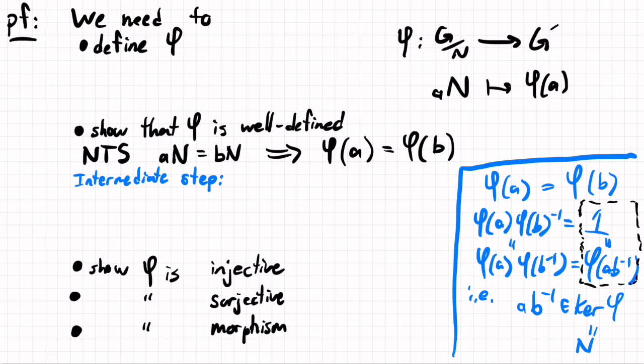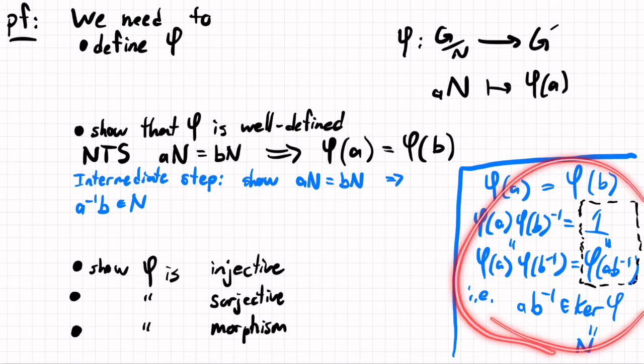The intermediate step is we're going to show that aN equals bN if and only if, or just if, a inverse b is in N. And then, by what we've shown here, we can go both ways with this.